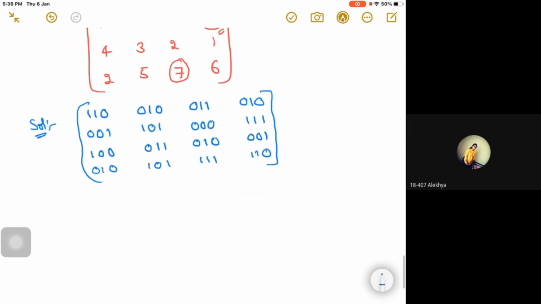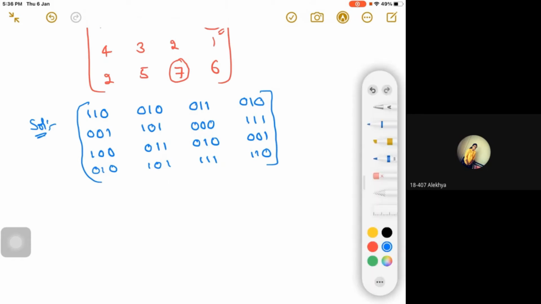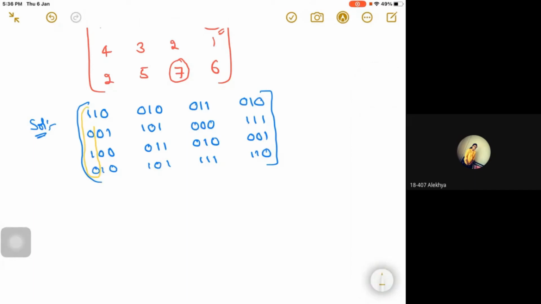Right now, you know very well how to do the slicing of the bits. If you take only MSBs, let me highlight the MSBs. These are the only MSB bits, the leftmost: this one, this one, this one, and this one.